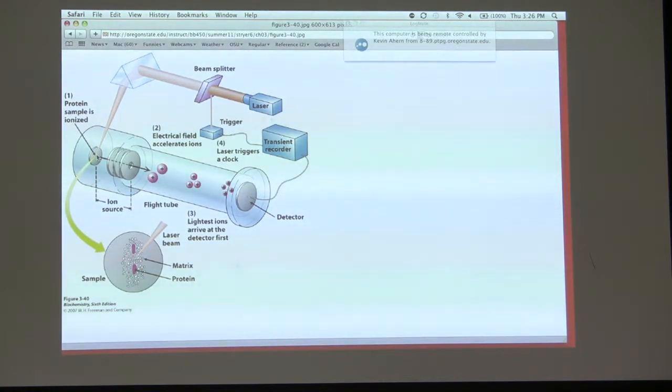The process starts with the activation or the volatilization of that material by a laser. A laser shines onto that little crystal, and the crystal material vaporizes, and that leaves the compound that I'm interested in determining the molecular weight of in the chamber.